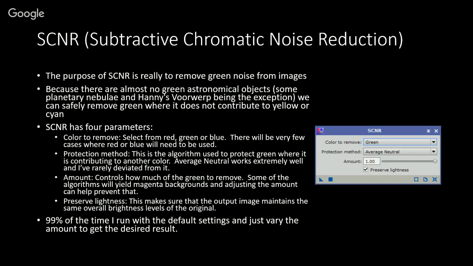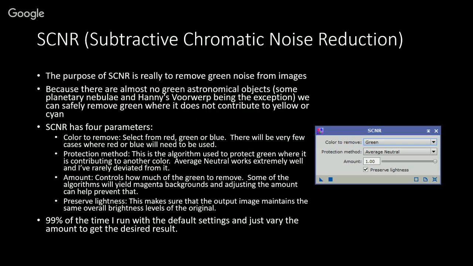By independent, I mean that it's not a blend of blue and green to make cyan, or red and green to make yellow, or something like that. Just specifically green, independent of those. There are some exceptions. Obviously, there are the Hanny's Voorwerps. Those are pretty much green, and there's some planetary nebulas that show up as fairly green as well.